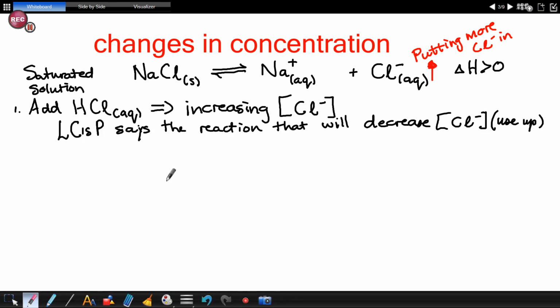They won't use it all up, but they'll try. And that is the reverse reaction. Alright? So the reaction will shift to the reverse.